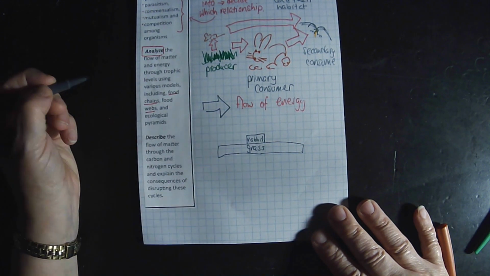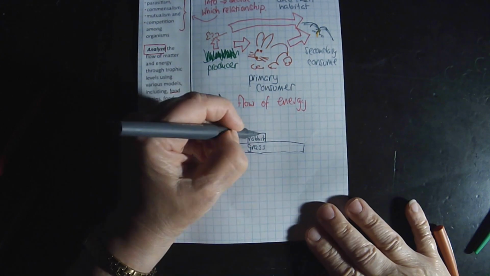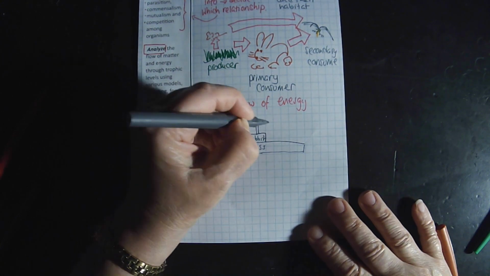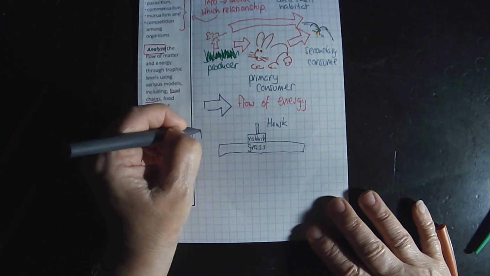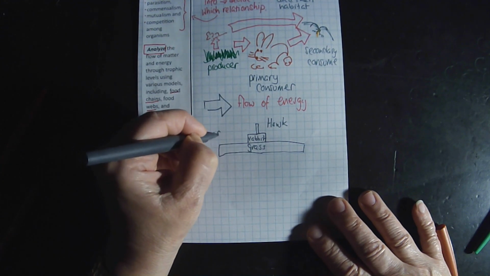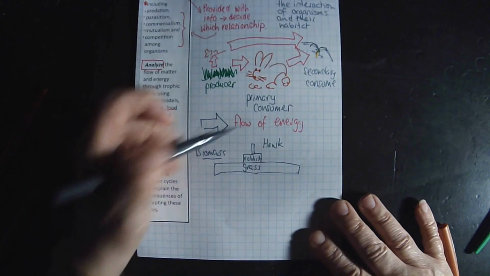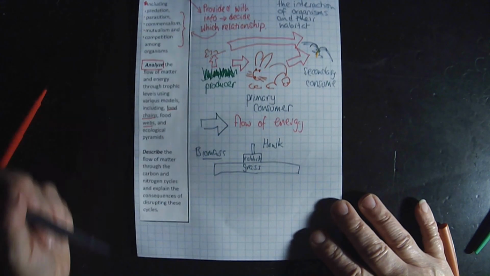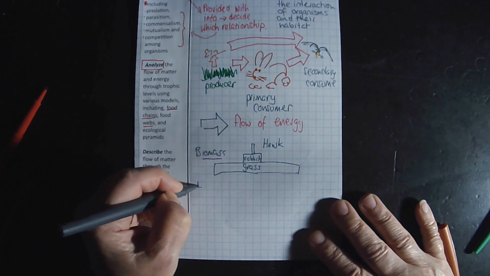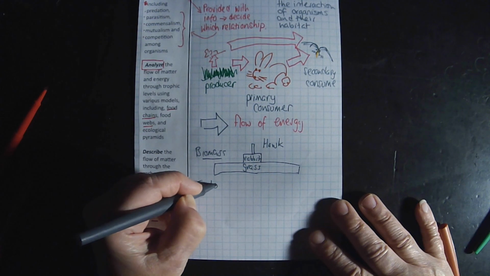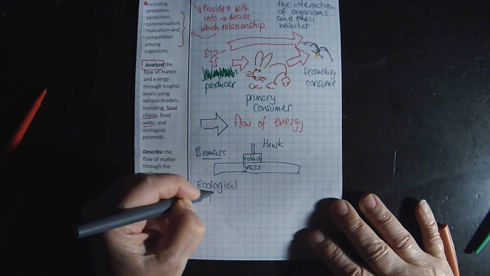And then I count up all the energy or mass that's stored in the hawks, and that is the hawk. Okay, and this is something called biomass. It's basically, if I could take and weigh in kilograms all the mass of grass in a pasture, all the bunnies in a pasture, and all the hawks in a pasture, this is what it would look like. And this is called an ecological pyramid. Okay, and they're always this shape.